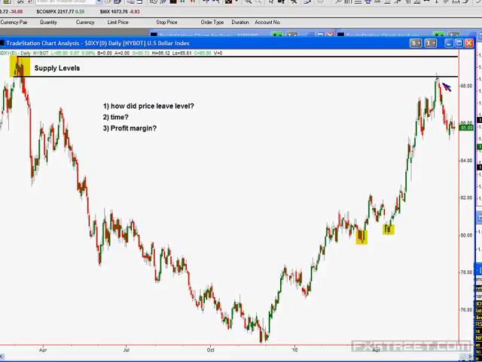Well, here's the thing. That comes from the conventional technical analysis school of thought. What I'm getting at is, first of all, when does every uptrend end and downtrend begin? It happens at a supply level.